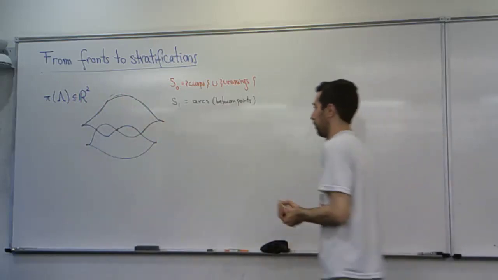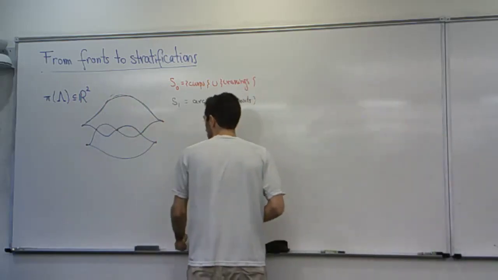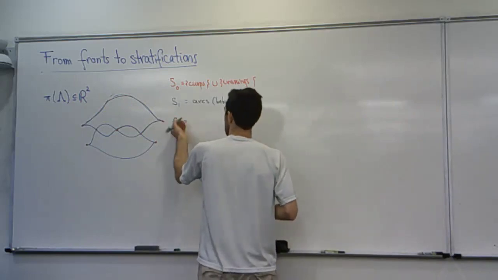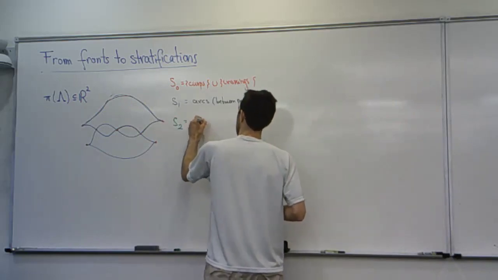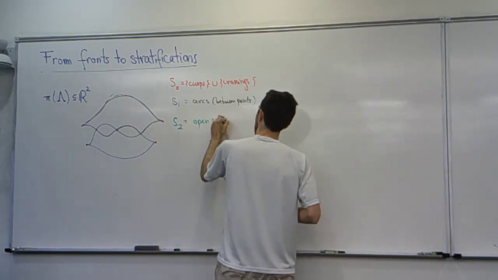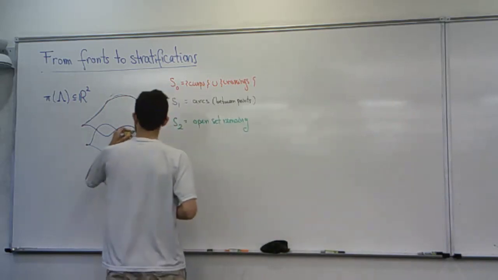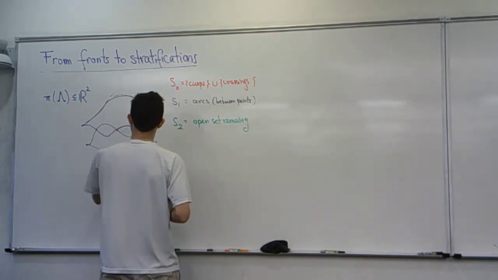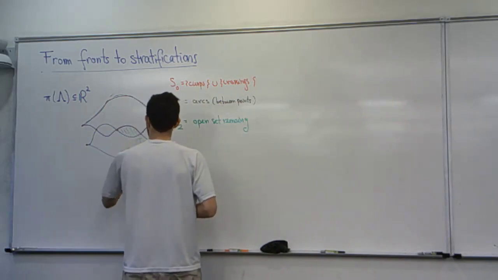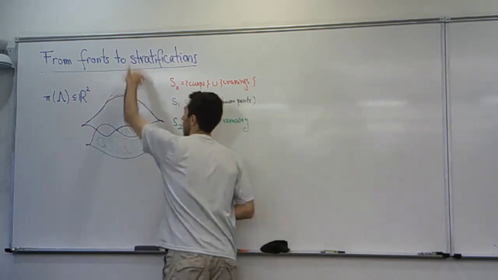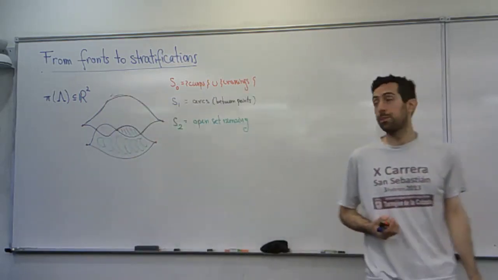And finally, I have the complement of all these sets, which is now a bunch of connected components. So I have S2, the open sets remaining. So for instance, one open set remaining is this one. Another open set remaining would be like that. That will be another one. This will be another one, and then there's the unbounded component outside.